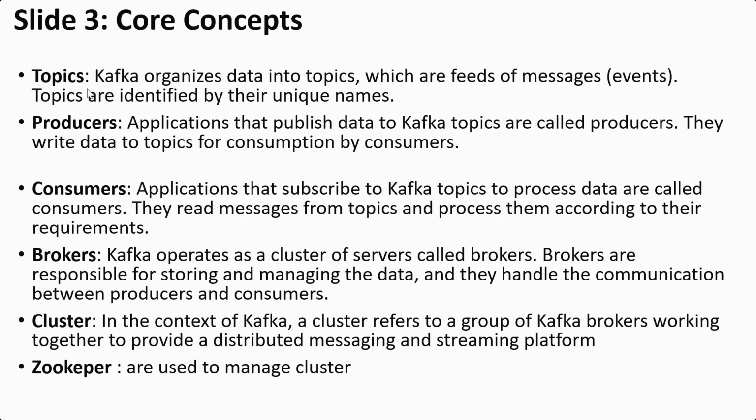Each topic is identified by a unique name, allowing producers and consumers to interact with the right data streams. Next are producers. These are applications that publish data to Kafka topics. Producers write data to topics, making it available for consumption by other applications or services.